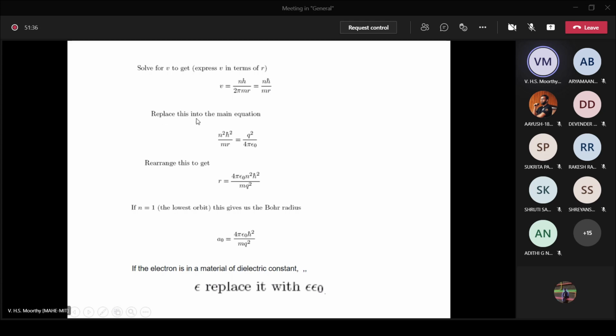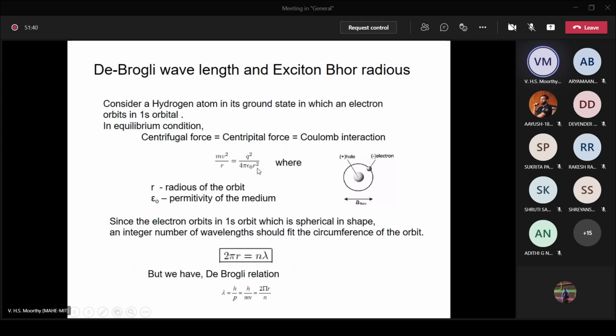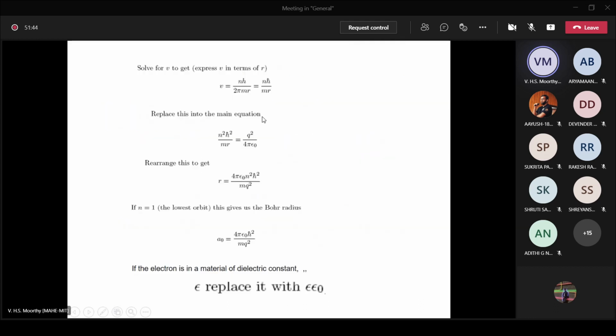Replacing it into the main equation, putting this v in m v squared, we get n squared h cross squared by m r equal to q squared by 4 pi epsilon 0. Rearranging this equation, we get r equal to 4 pi epsilon 0 n squared h cross squared by m q squared.